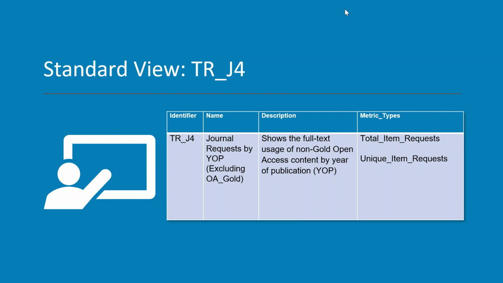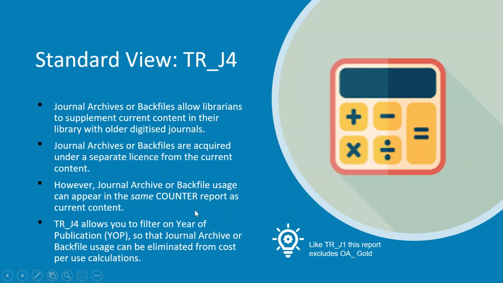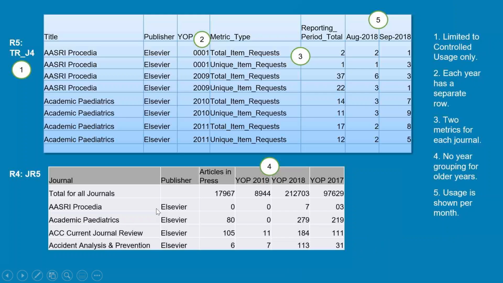So it would be impossible for them to separate out archival content in the reports by customer, because it varied so much. I hope that makes sense. But in order to be able to do that, the library needs to know the year of publication so that you can filter out that archival content, that year of content.